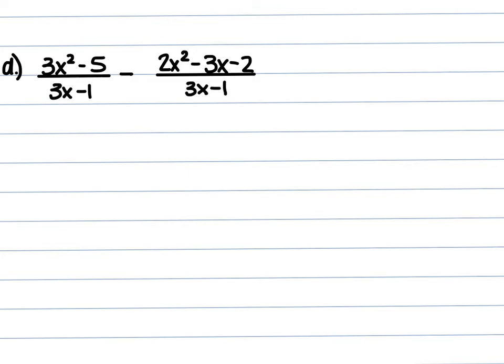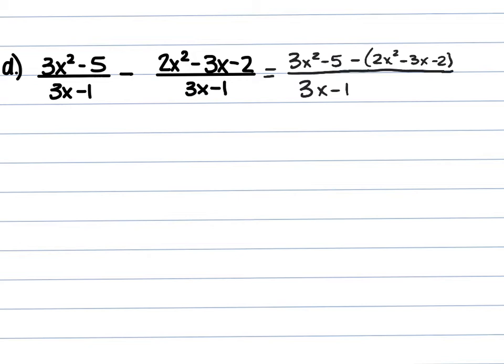Let's keep going. Same denominator. You distribute the negative. Good. So I'm going to write it like this. 3x squared minus 5, and it's subtracting everything that's over here. Minus 3x minus 2. Just so you can see what I'm about to do.